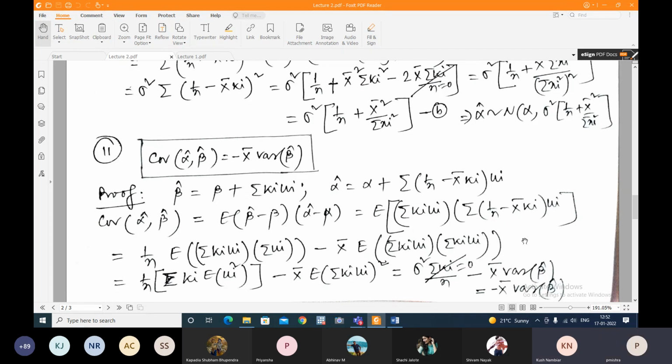Similarly, the mathematical expectation of alpha hat is equal to alpha if alpha hat is an unbiased estimator of alpha. That is why ensuring that these estimators satisfy the desirable properties is extremely important. And they will be satisfying their desirable properties provided the assumptions are satisfied.